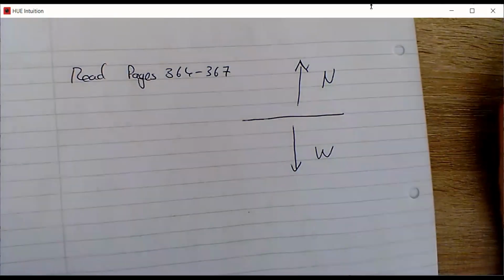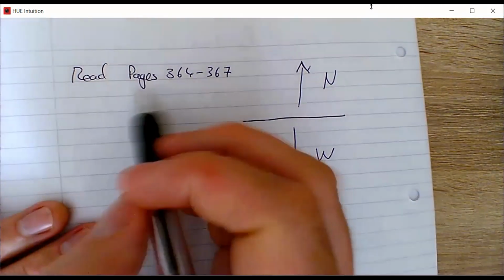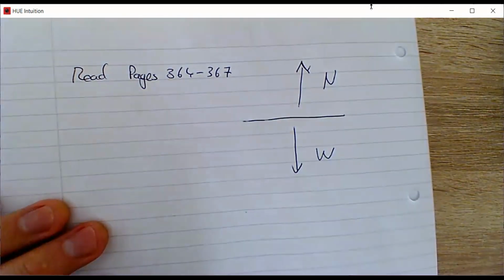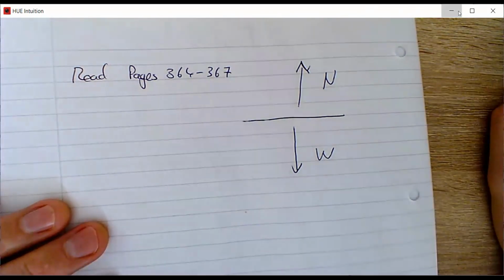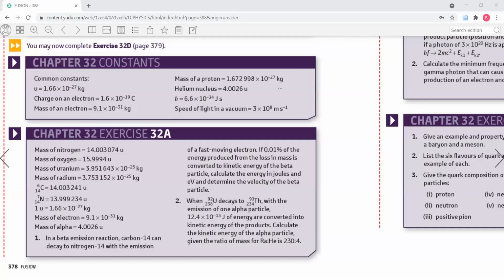So what I'm going to suggest you do is just read pages 364 to 367 yourself. And I'm going to jump in and have a look at exercise 32A on page 378. We're just going to do question 1, and I'm going to leave you to do question 2 yourself. They've given us a bunch of constants here.